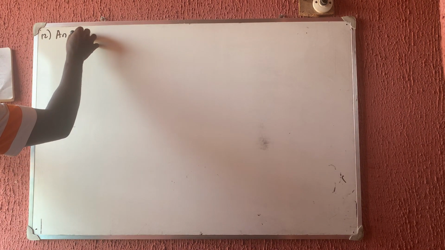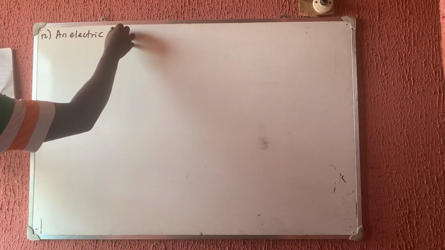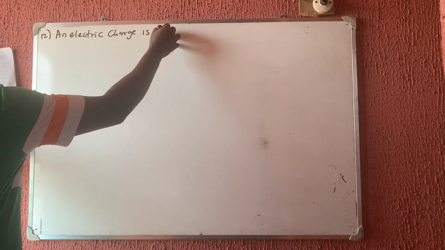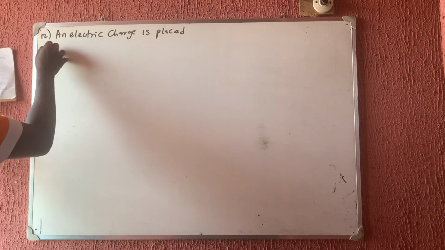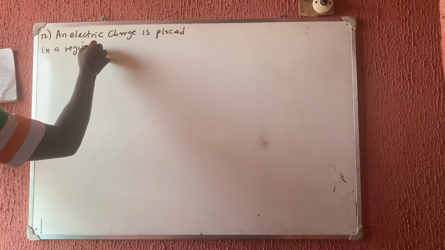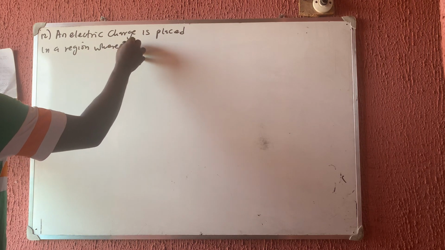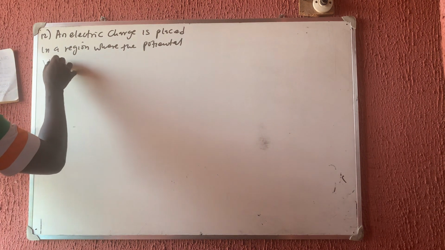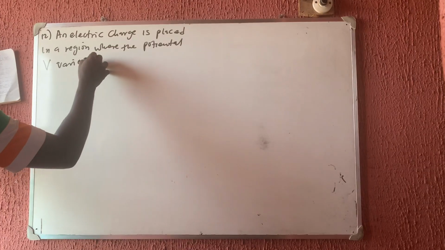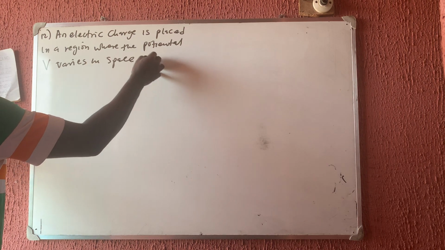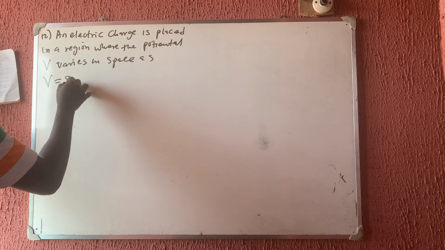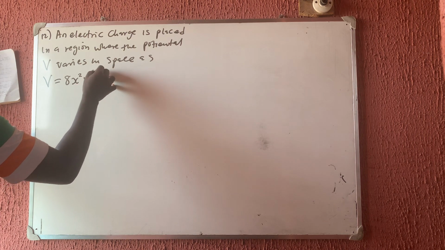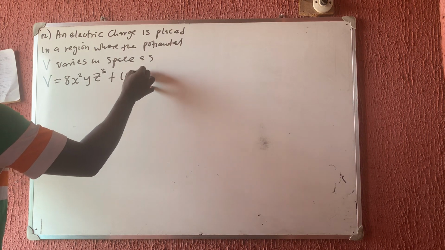So question number 12. Question number 12 said an electric charge is placed in a region where the potential V varies in space as V is equal to 8x squared y z raised to power 3 plus 16x squared y.